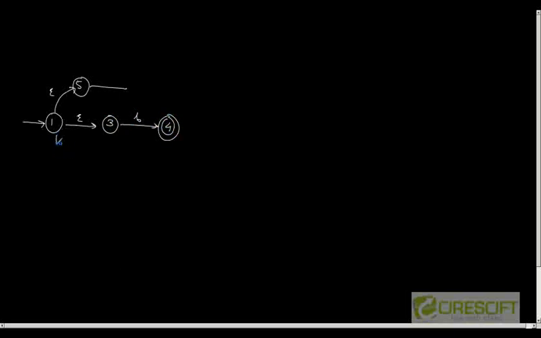Okay, from 1 I make an empty transition and reach the state 2. From state 2 I go back on symbol a. Okay, from 5 on hitting the symbol a I go to the final state 6. So I have two final states, 6 and 4.